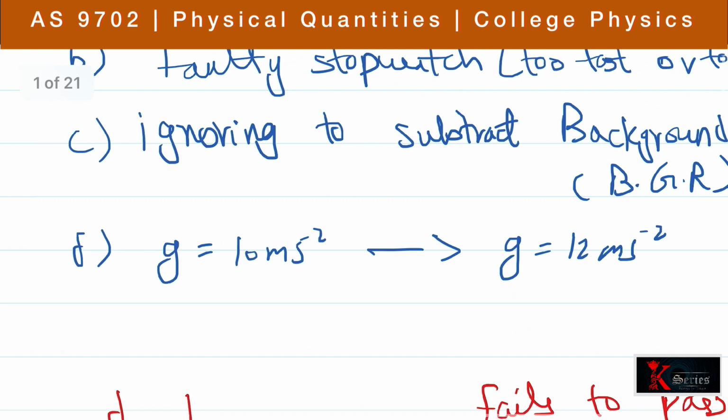Now if we plot a graph of a systematic error, we would see that the graph basically fails to pass through the origin, right? So the line is failing to pass through the origin, which shows that there is the presence of an error. The gradient is not affected, but the intercept is affected, because all the readings are shifted by a constant value.